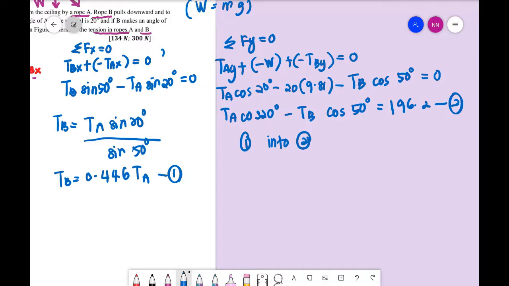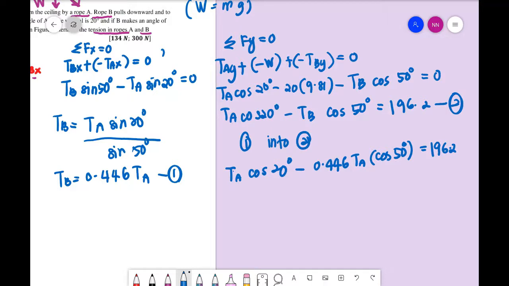This is mathematics, so you can use whatever method, as long as you follow the rules of mathematics, to get the answers TA and TB. So TA cos 20 degrees minus TB, where TB is 0.446 TA, times cos 50 degrees, equals 196.2.